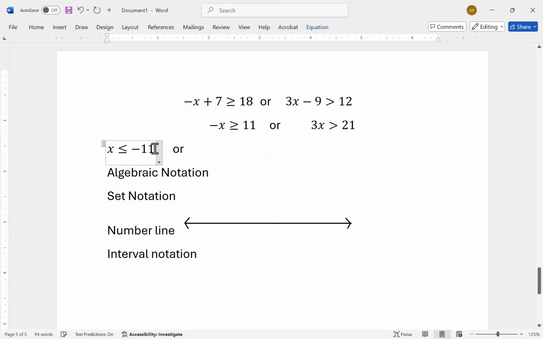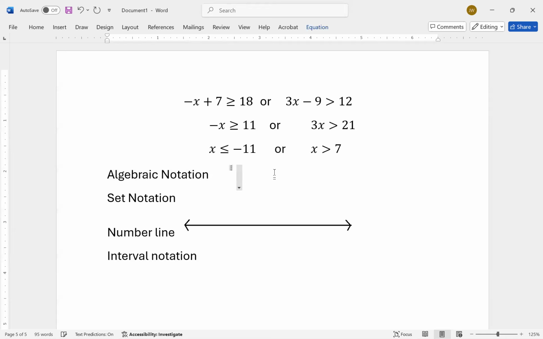When I divide both sides by a negative, we have to flip from greater than or equal to less than or equal to. Here I divide by a positive 3, so I don't have to worry about flipping the sign. So I get x is greater than 7 or x is less than or equal to negative 11.